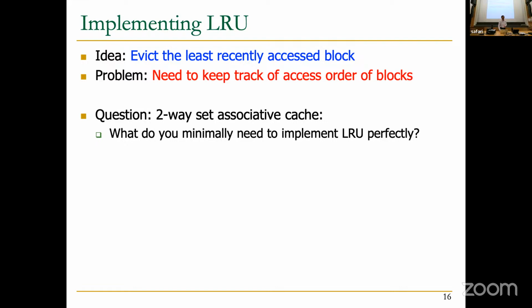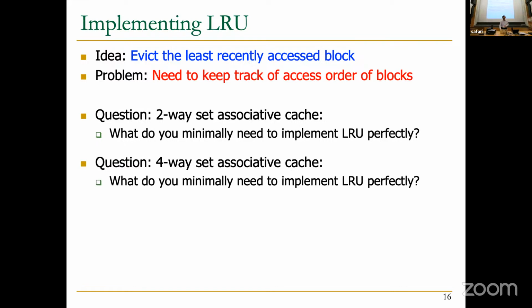Okay, now let's make the question a bit harder. If you have a 4-way set associative cache, how many bits do you minimally need to implement LRU perfectly? Anybody? This is a probability question, actually. If you take a probability and statistics class, these are the questions that you answer over there. Thoughts? 2 total in the set per block.